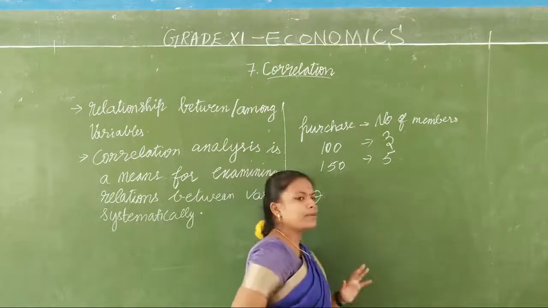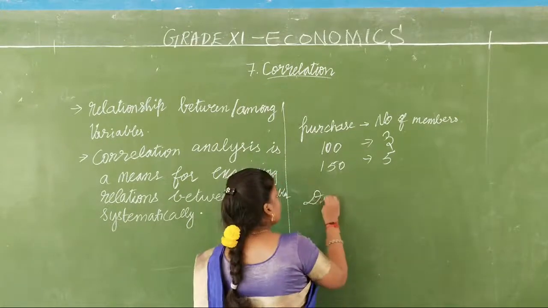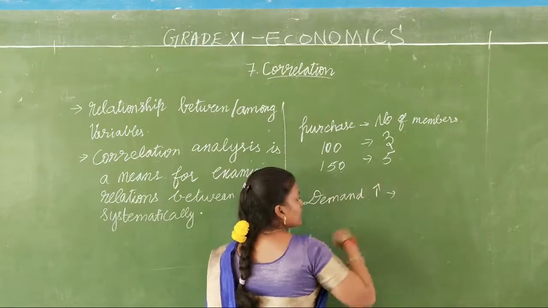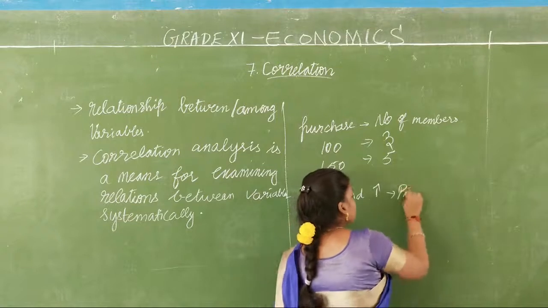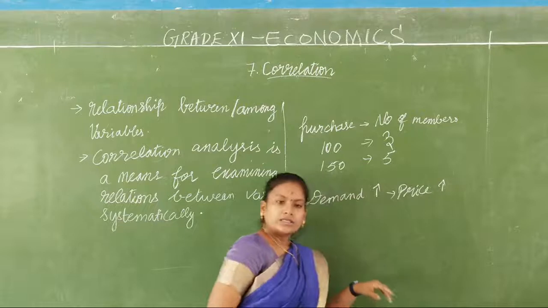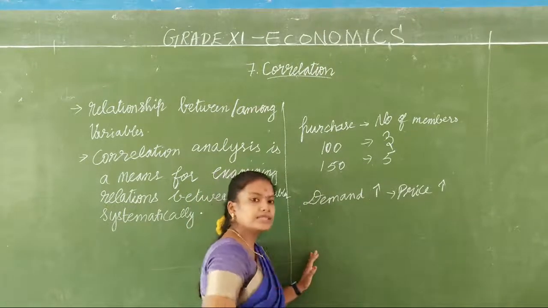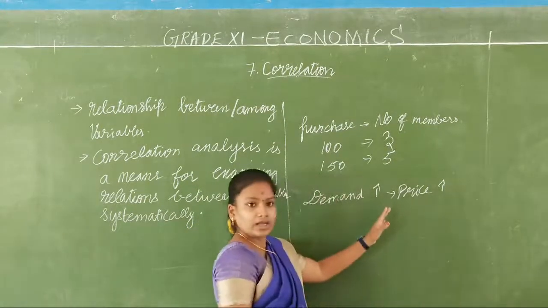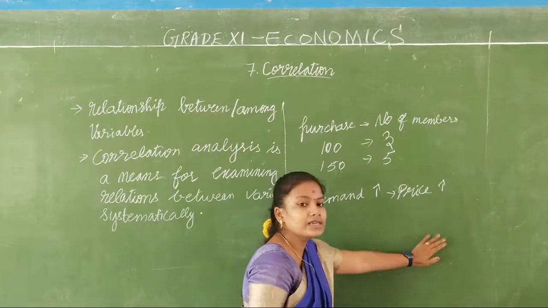In economics, one basic thing that we should know is that when the demand for a product increases, what happens? You should understand it like this: if the demand of a product keeps increasing and many people keep asking for it, automatically its price will also increase. Because many people need it, the sellers will increase the price.